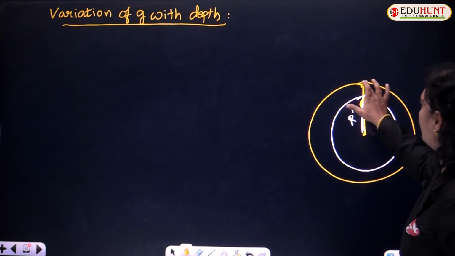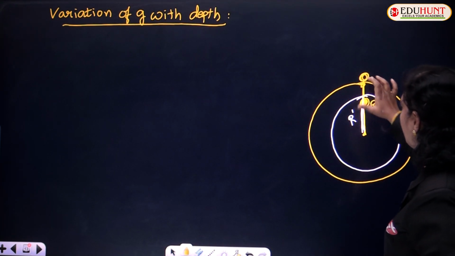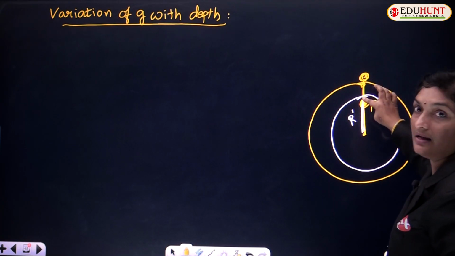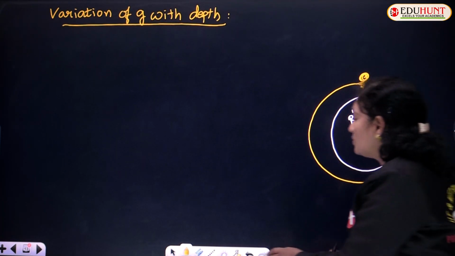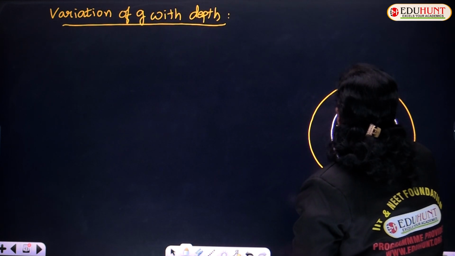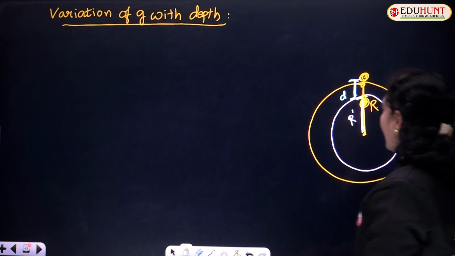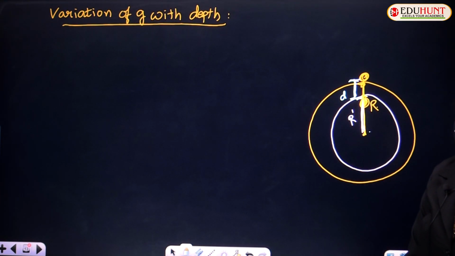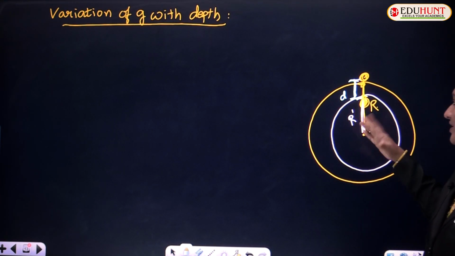When the body is taken inside to a depth d, the radius decreases to some r dash. Is that clear, children? So there are two different radii.